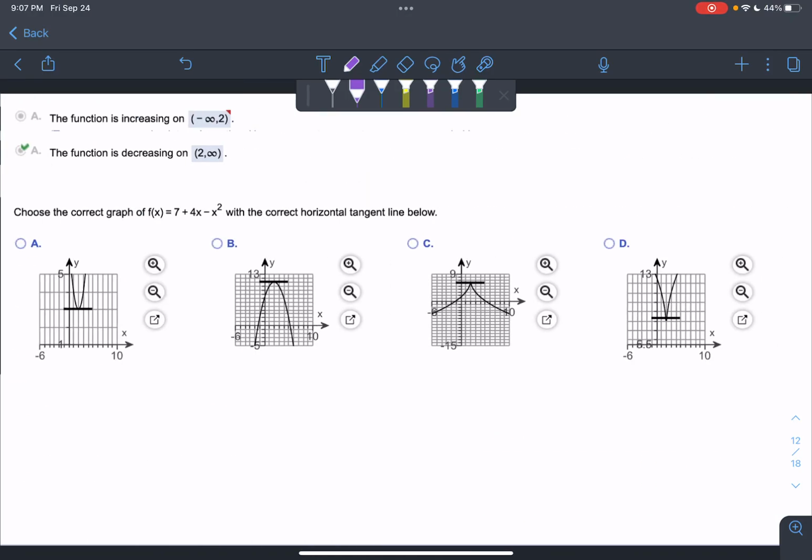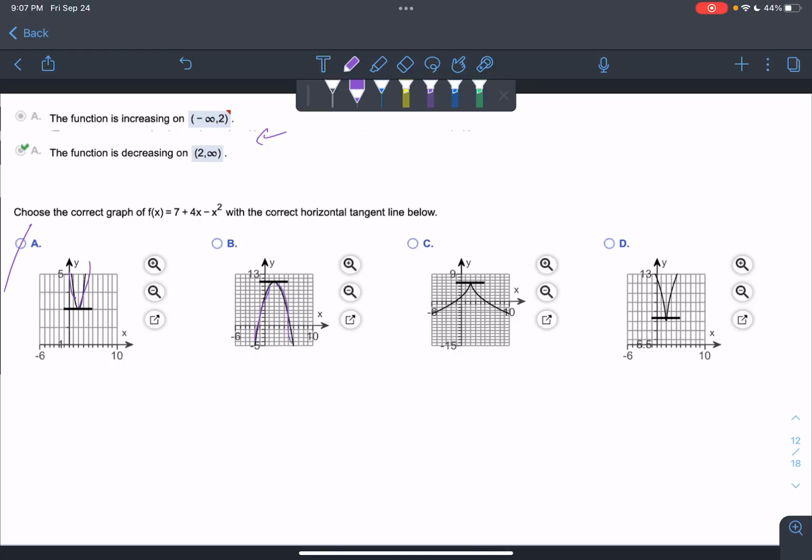Okay, so I just put what we found just now. We're increasing from the left of 2 basically, and decreasing to the right. So this one is increasing then decreasing; this one is decreasing then increasing, so A is out. B is potentially an answer, right? We're increasing from the left and then decreasing.